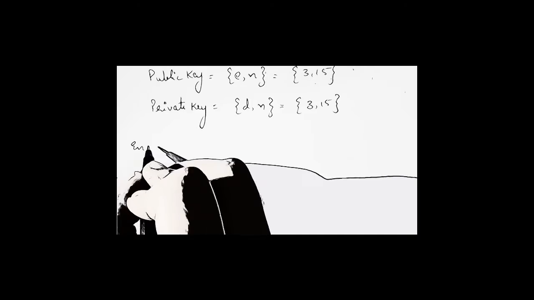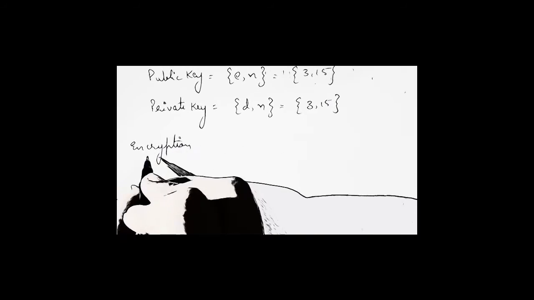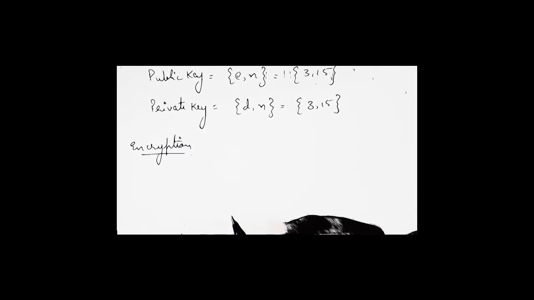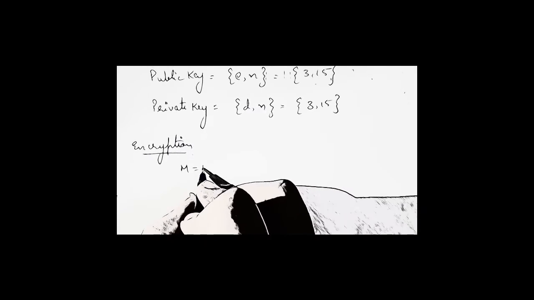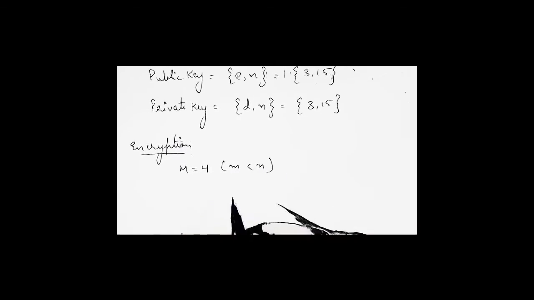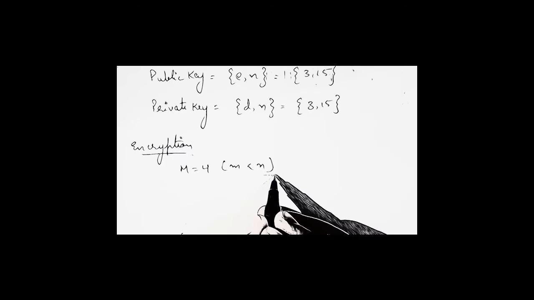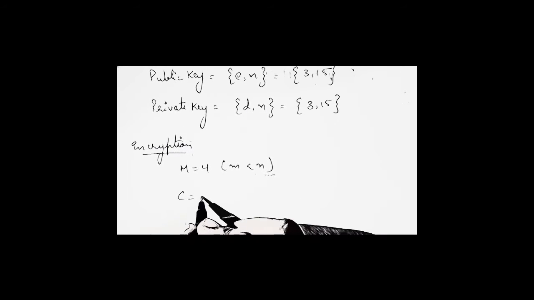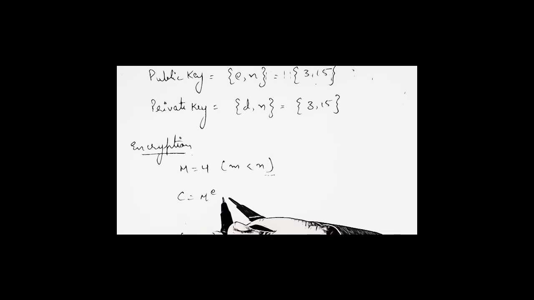Okay, so let us see the encryption part. We are given in the question that the message to be encrypted is 4 and it is less than n. We are satisfying the condition m less than n. We have seen in the algorithm the formula is m to the power e mod n.